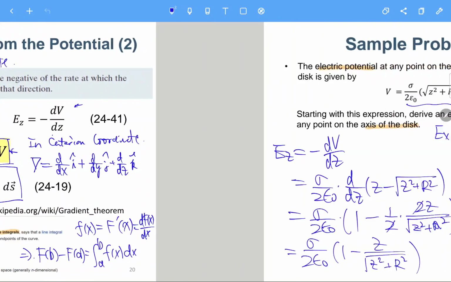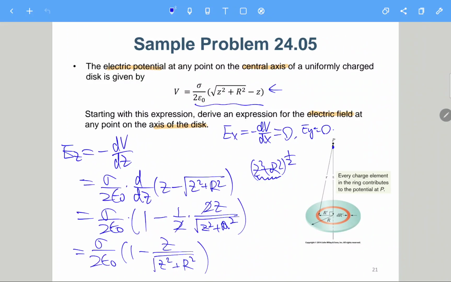So at least calculating the V is easier than calculating the E directly. And after obtaining the expression for V, we can simply take the derivative. Derivative should be easy for all of you, I think, at least easier than integration.